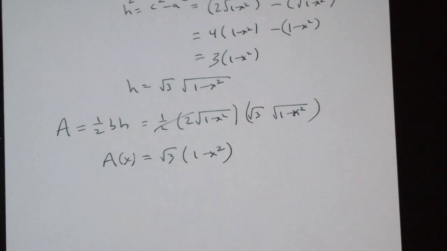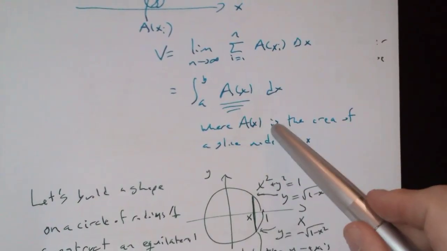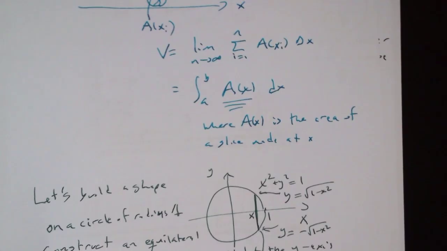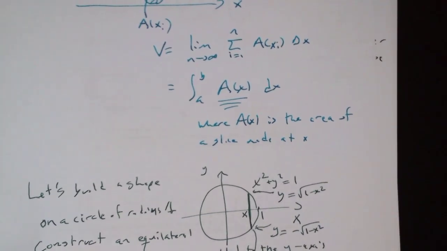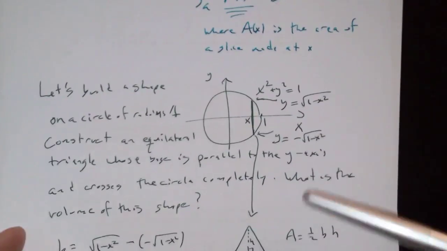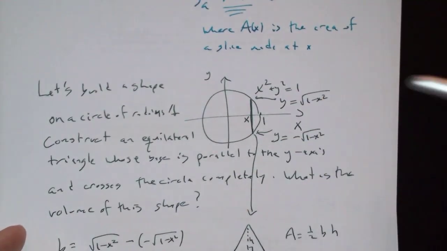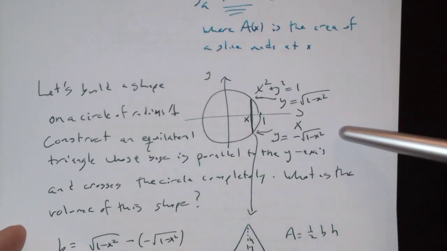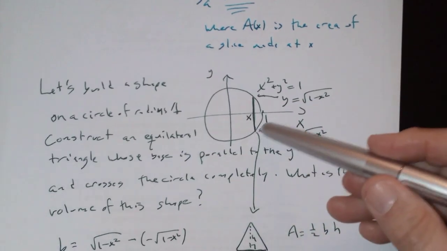Just like when we were doing maximums and minimums, optimization problems, we had to find a function of one variable, so I could find a maximum or minimum by taking a derivative. But now, I don't want to take a derivative. I want to do an integral. Question. I need to know where I start and where I end. Where does my shape start and end, if I'm thinking of it in terms of x?